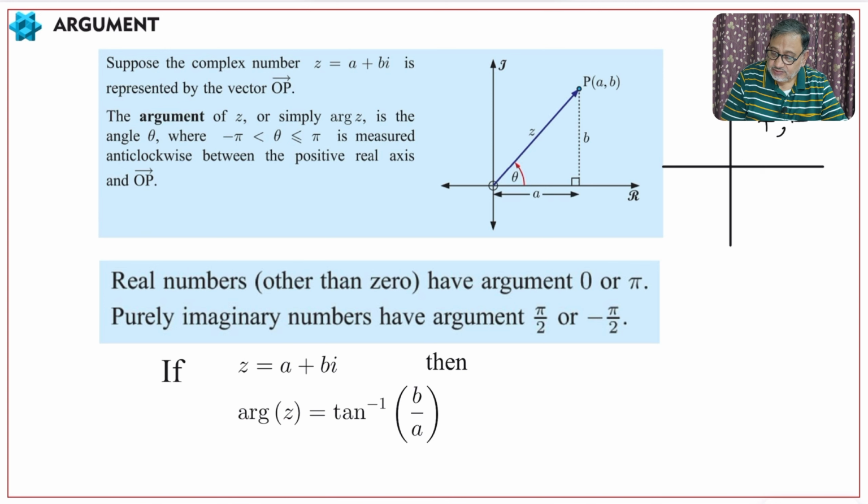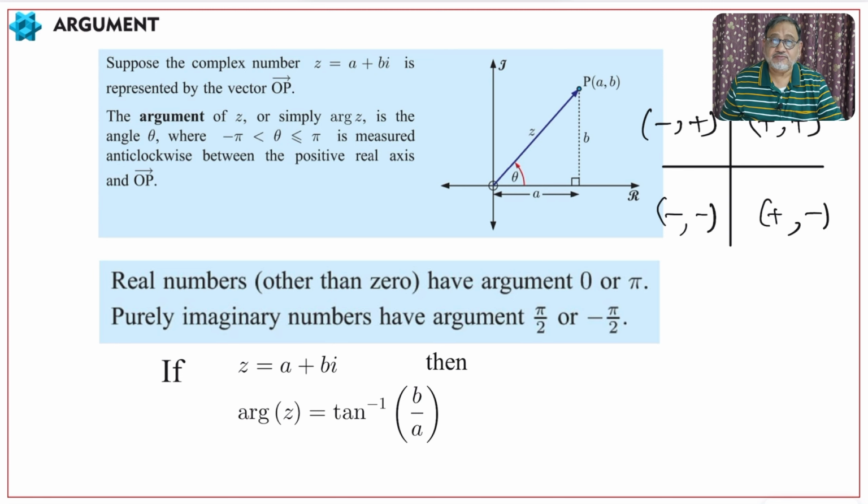Plus plus, minus plus, minus minus, and plus minus. These will be the signs of the real and imaginary parts. So, you can take the same sign conventions which we take in the coordinate system.